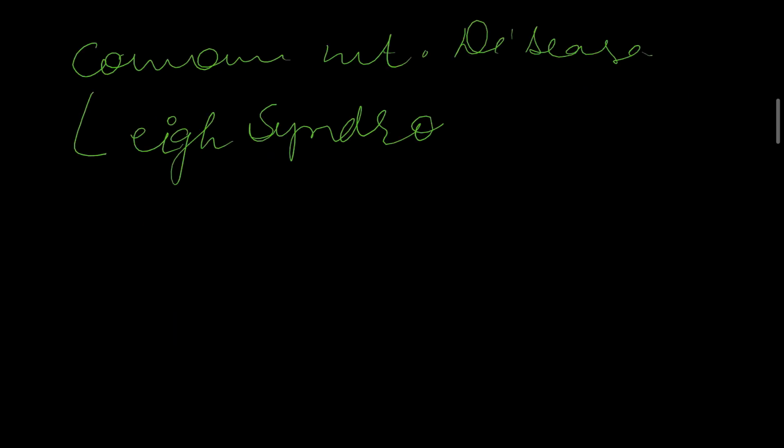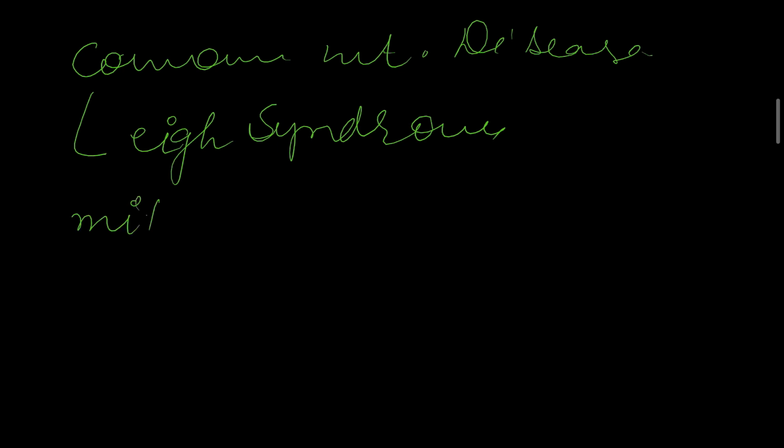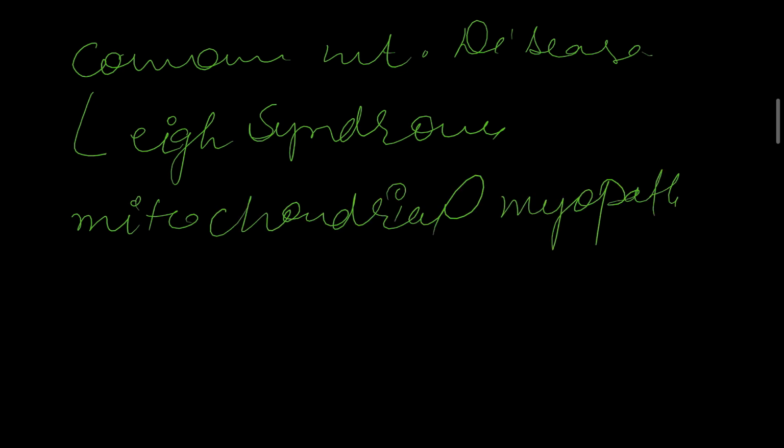Leigh syndrome: its symptoms are neurological disorder and muscle weakness, and the cause is mutations in mitochondrial DNA. Second is mitochondrial myopathy: muscle weakness and fatigue are the symptoms, and the cause is defective energy production.